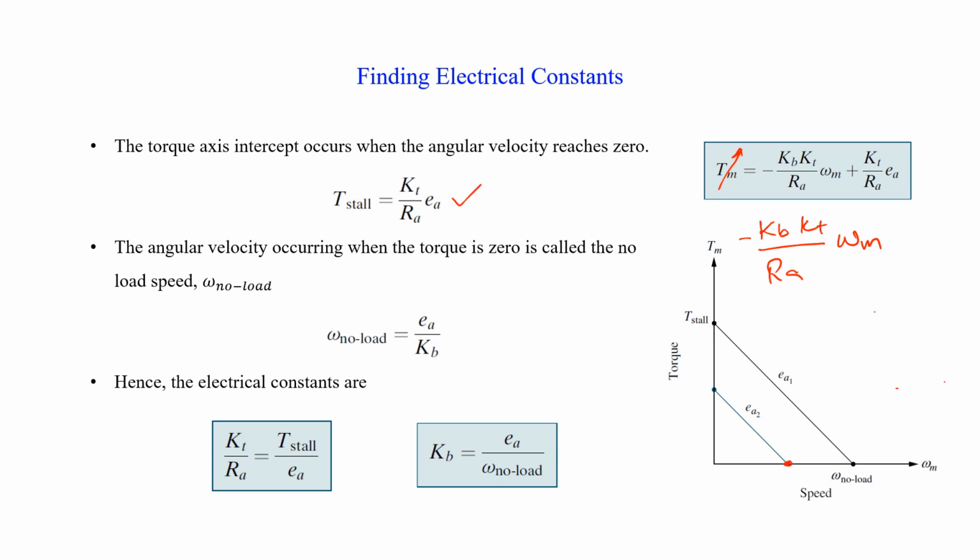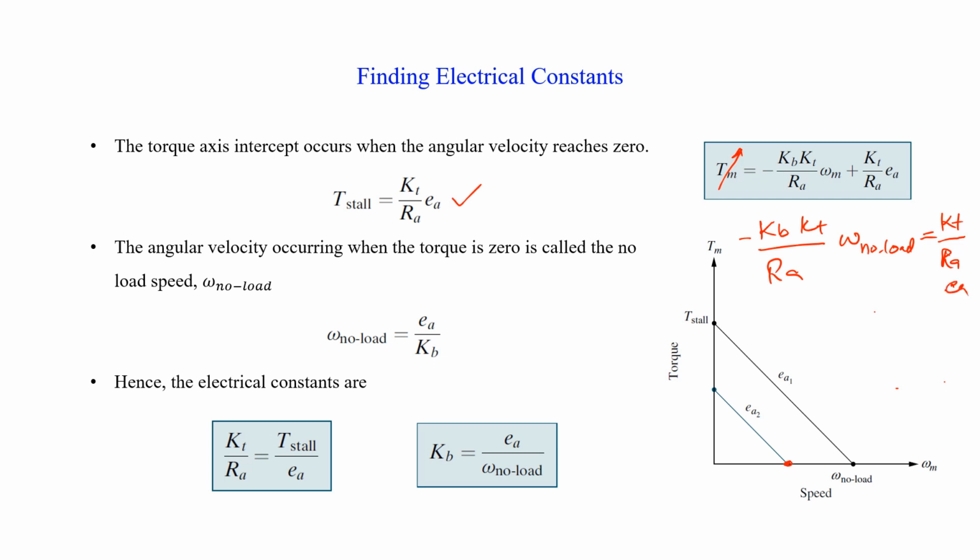And this omega m is, by the way, now omega no load. We can replace it by omega no load notation, and this will be equal to Kt by Ra into Ea. I have no space, so I am writing here Ea.